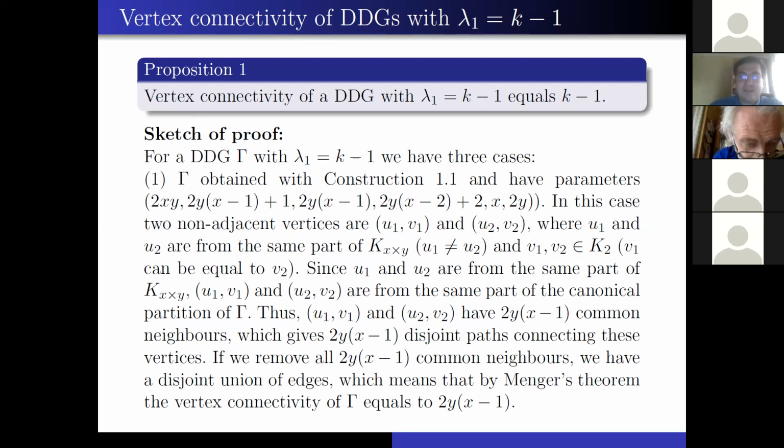Thus, these vertices have 2y(x-1) common neighbors, which gives 2y(x-1) disjoint paths connecting these vertices. So that's exactly k minus 1, as you can see. If we remove all these common neighbors, we will have a disjoint union of edges, which means that by Menger's theorem, vertex connectivity of gamma equals 2xy minus y. It was the first case.